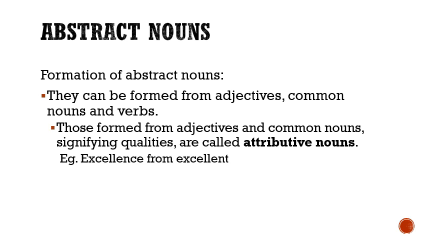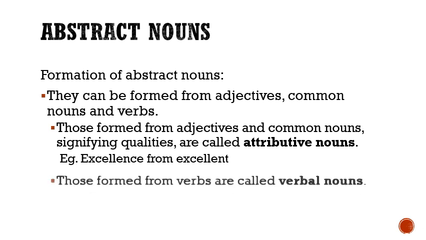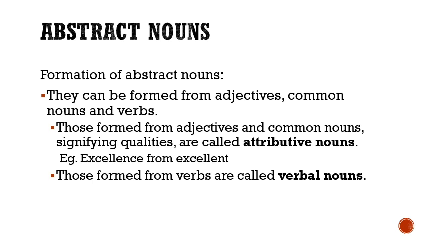Example, excellence is an attributive noun which is formed from the word excellent, and those formed from verbs are called verbal nouns. Example, protection is a verbal noun which is formed from the verb protect.